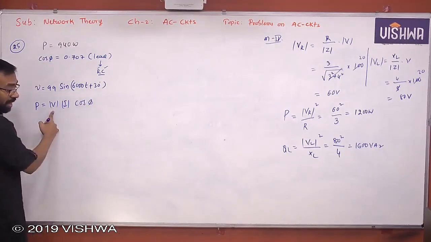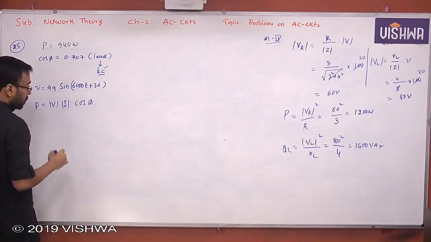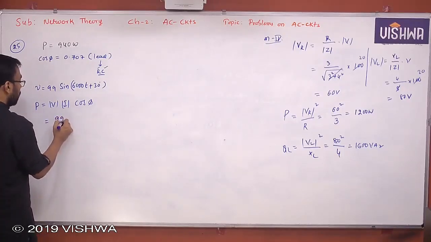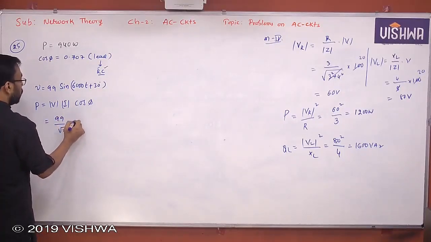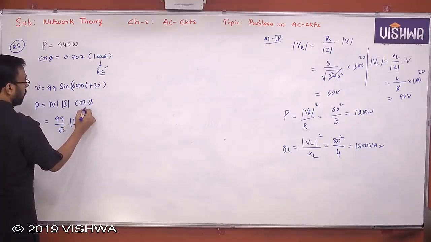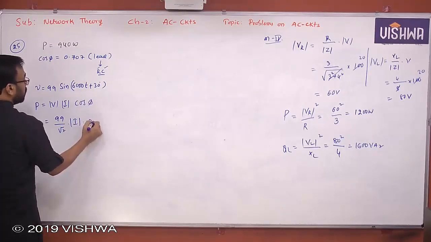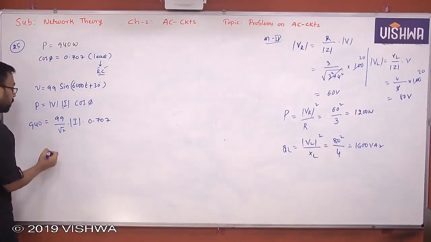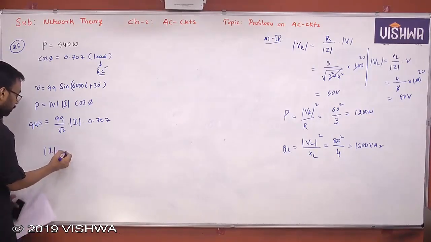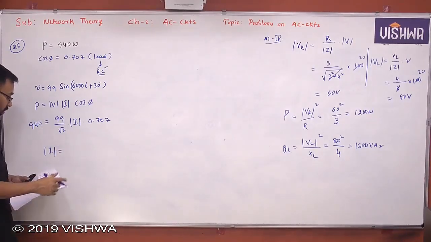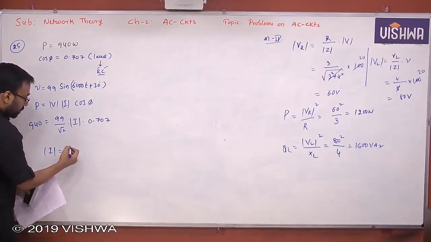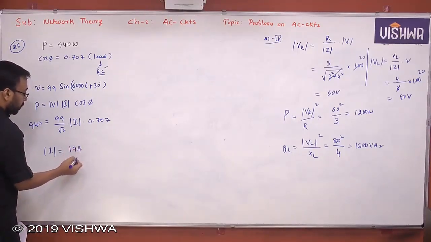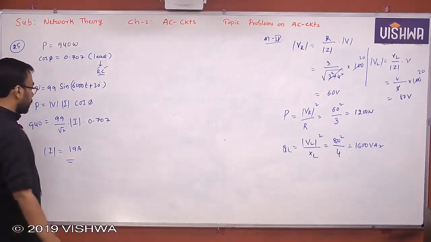Is it maximum value or RMS value? Definitely RMS value. So therefore 99 by root 2 into I into cos phi. How much here? 0.707. What is this value? 940. Then you can find I value. Understand? So what is the I value you got? 19 amperes. If you simplify it, you will get 19 amperes.